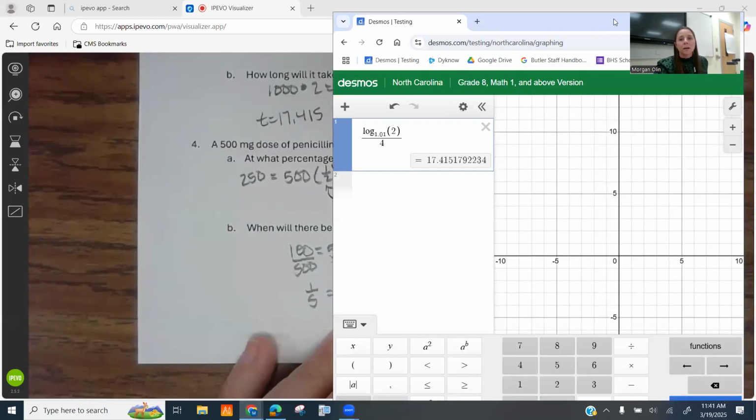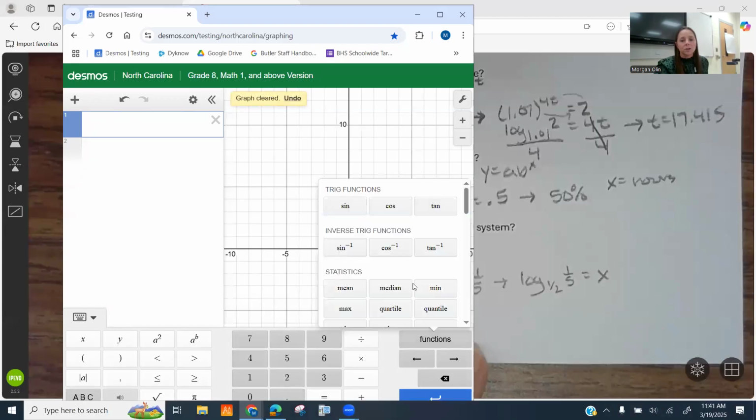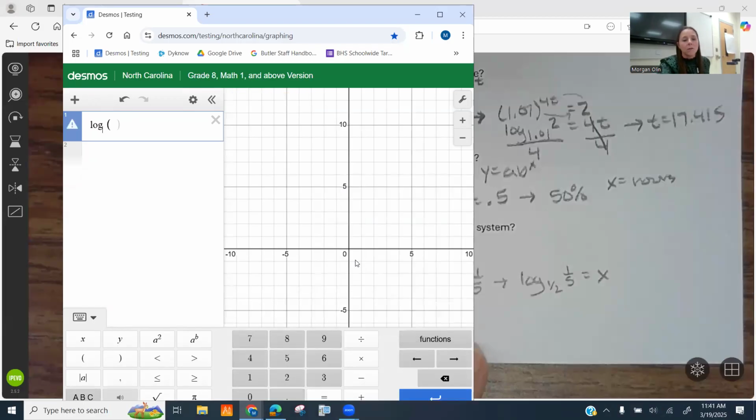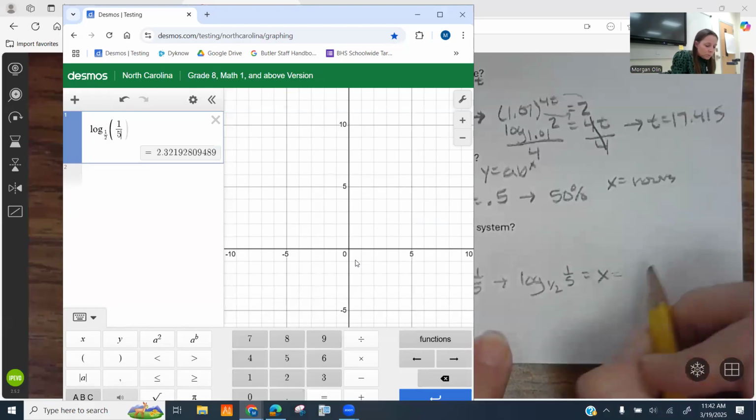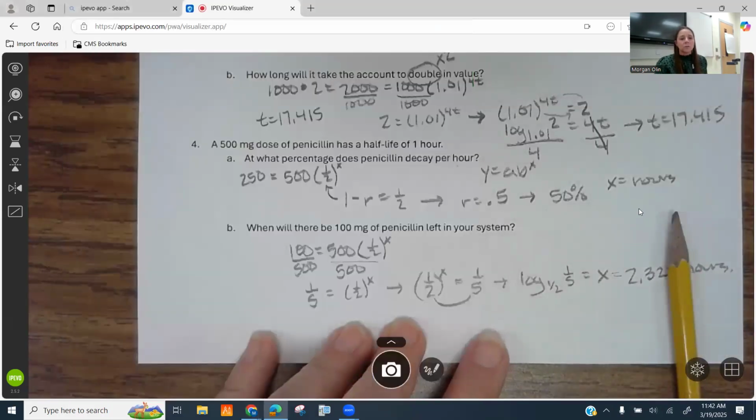When I plug this into my calculator, I hit functions, scroll down here, log base 1/2, and then scroll over and put 1/5 in. And we realize that x equals 2.322 hours. It's going to take that many hours to get down to 100 milligrams.